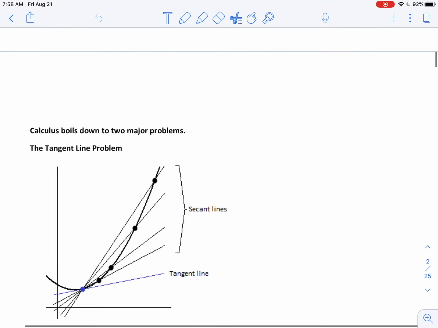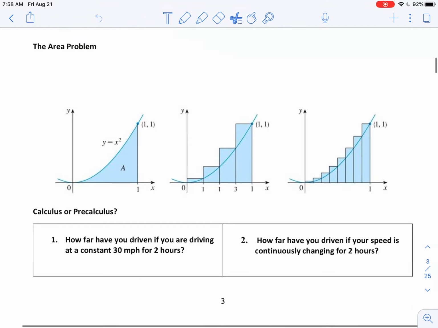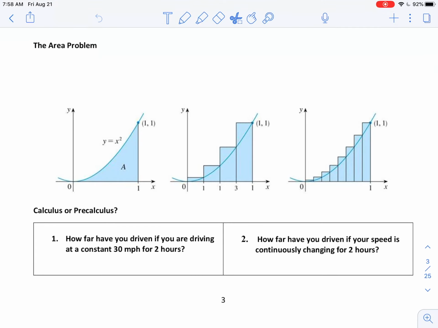Okay. And then this is another page. Calculus boils down to two major problems. The tangent line problem, that's what we're going to discuss the entire first semester, and the area problem, which we're going to discuss the entire second semester. On the bottom we do have two questions, calculus or pre-calculus. How far have you driven if you're driving at a constant 30 miles per hour for 2 hours?